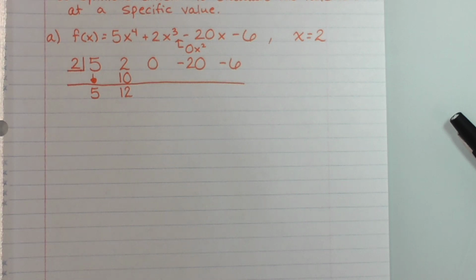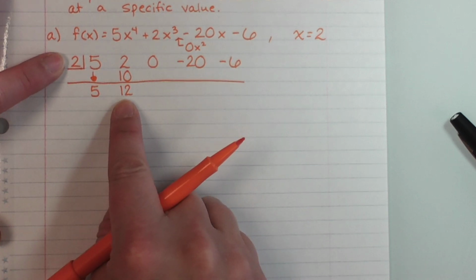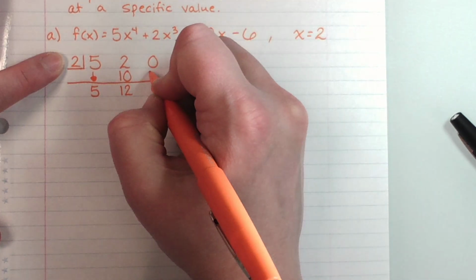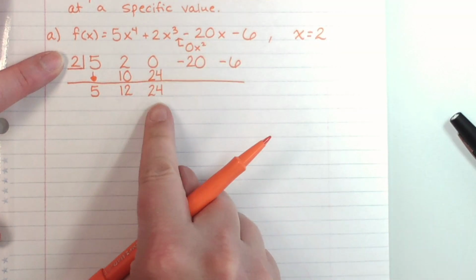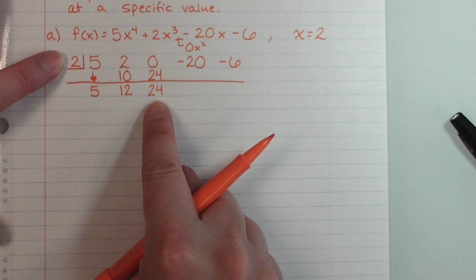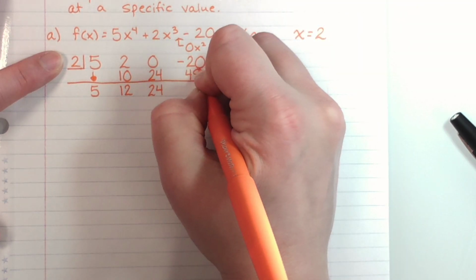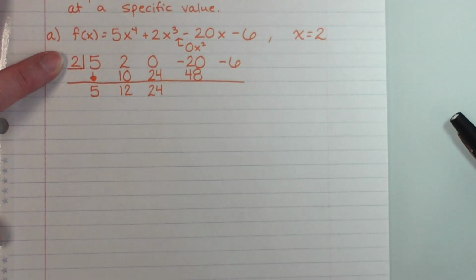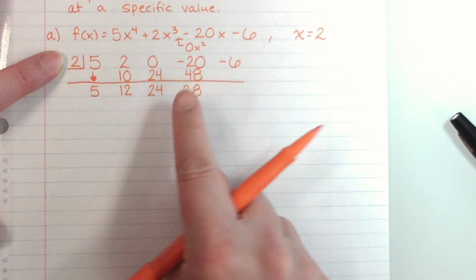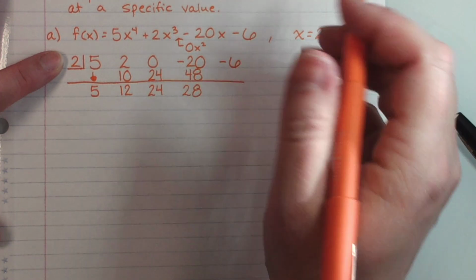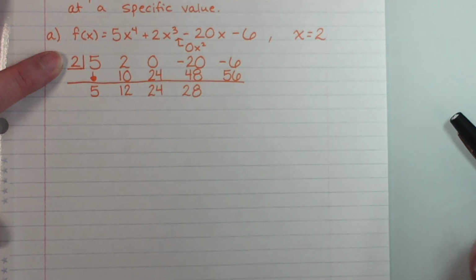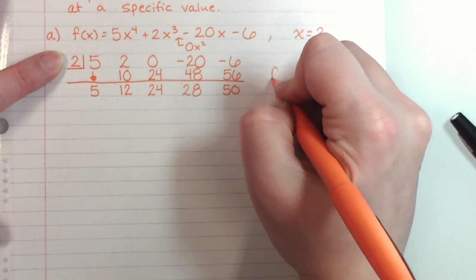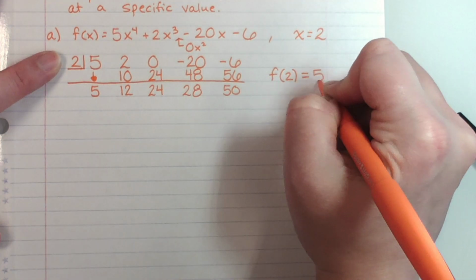And I multiply and I add, and I multiply and I add, and I multiply and I add. 2 times 12? 24. 24 plus 0? 24. 2 times 24? 48. Negative 20 plus 48? 28. 2 times 28? 56. Negative 6 plus 56? 50. Which means f of 2 is equal to 50.